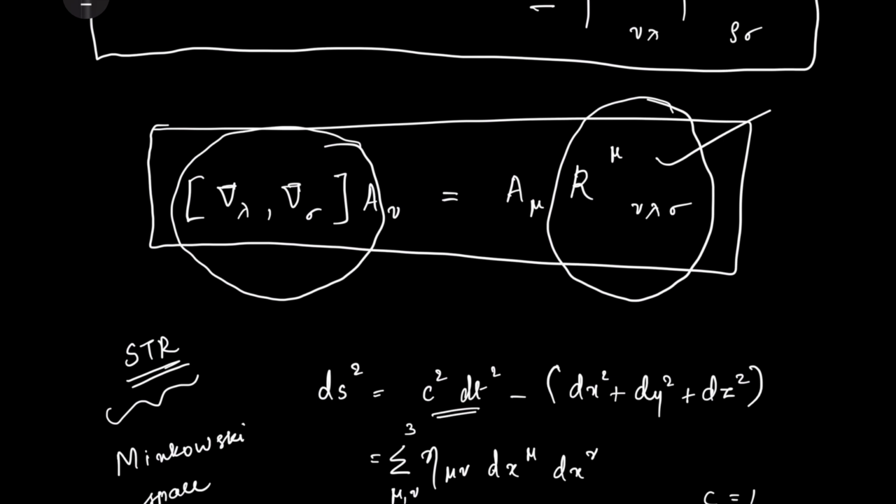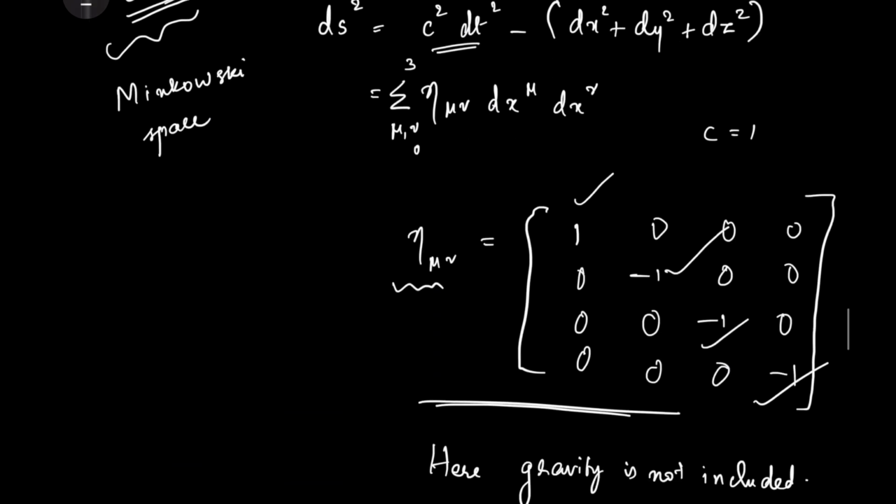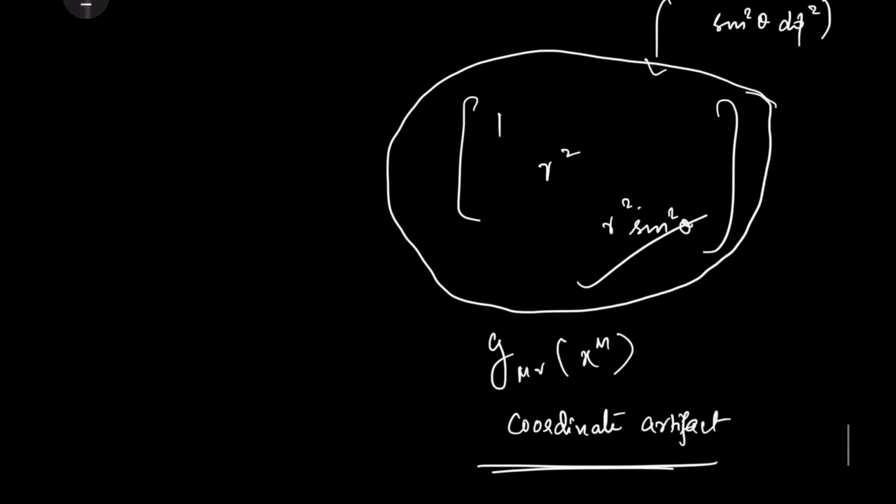Therefore, it captures the intrinsic curvature of the manifold. Unlike this, which is not the intrinsic curvature; this is actually arising due to the coordinate artifact. So Riemann tensor helps us to check whether the given manifold is flat or curved.